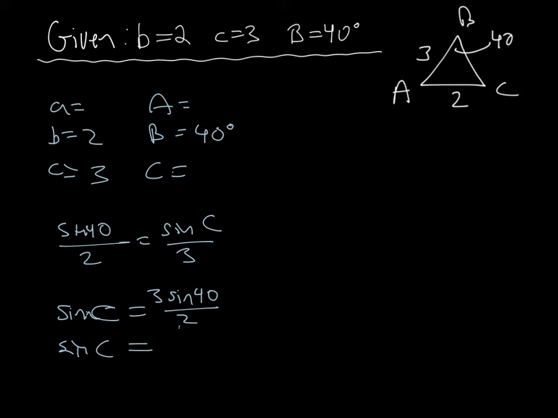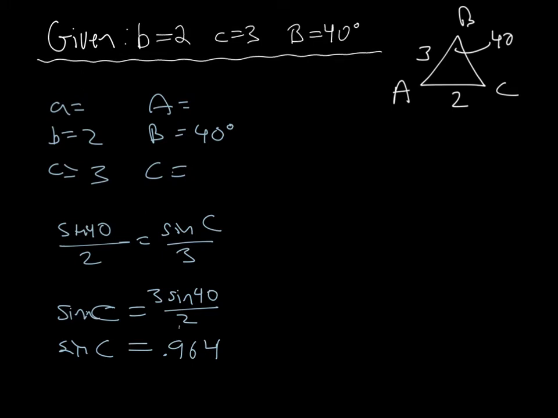Sine of C is equal to about 0.964. So we are going to do a little estimating here. This is saying that the sine of some angle is 0.964. Remember that's like the y value.